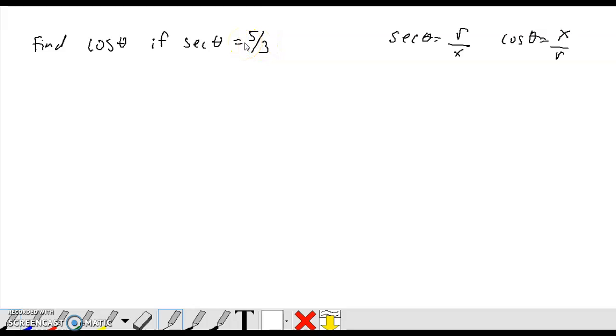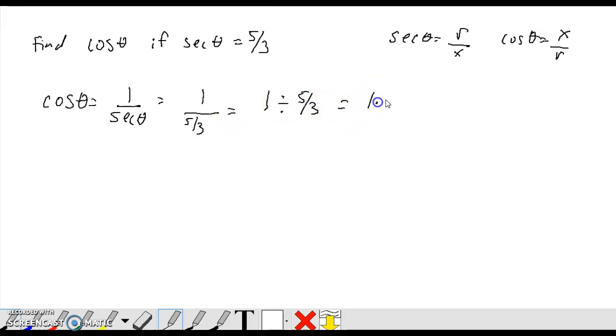How can I test this out? I know cosine of theta is 1 over secant of theta, which is 1 divided by 5/3, the same thing as 1 times 3/5, which means it's 3/5. So again, it's just proving that these are reciprocals of each other.